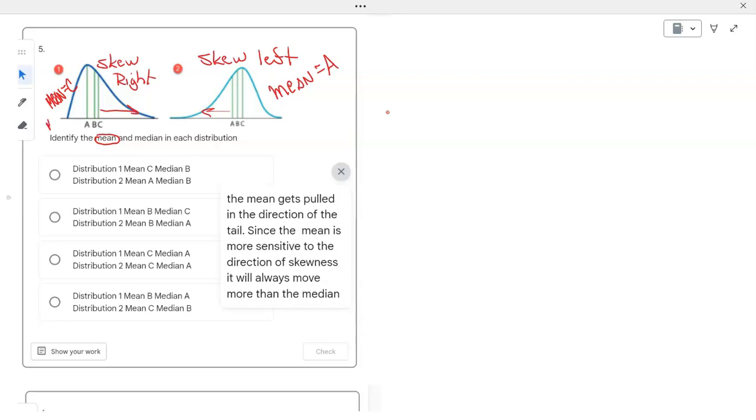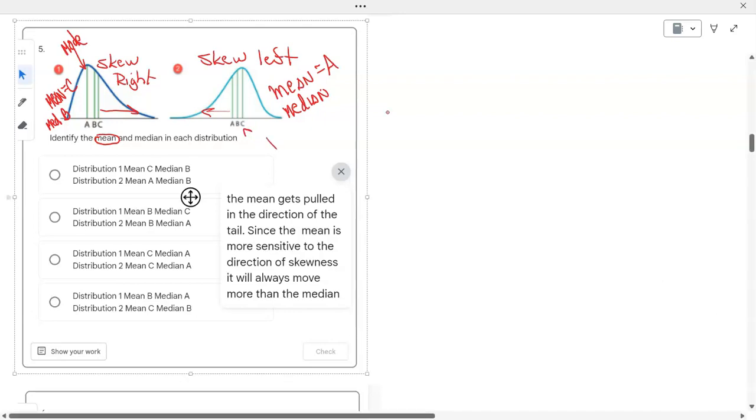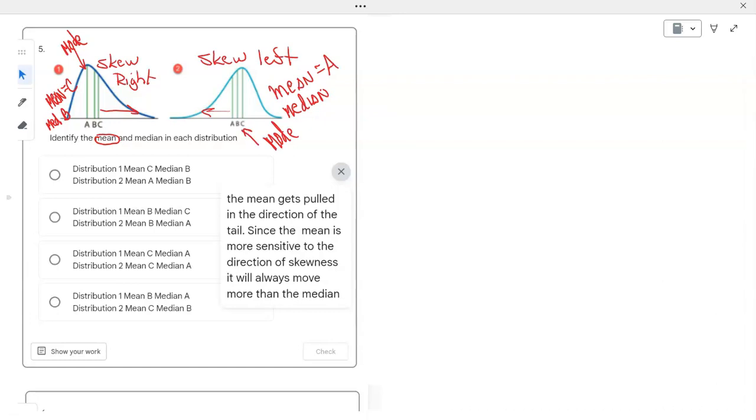So in this case, our median is B, and in this one, our median is also B. The A in this one would be the mode, which we're not dealing with, and the C in this one would be the mode. All right, so our answer is our first option.